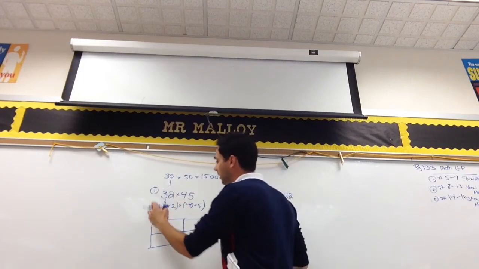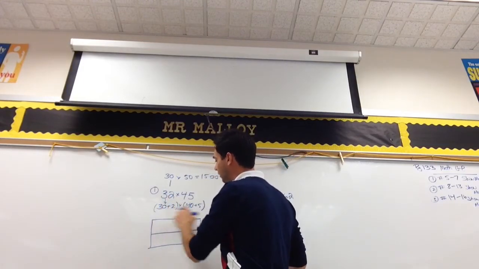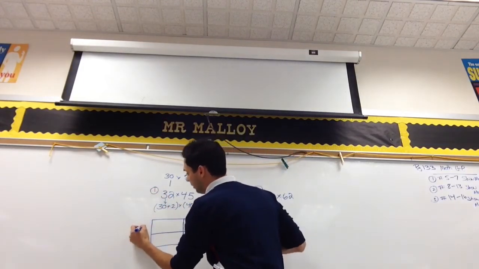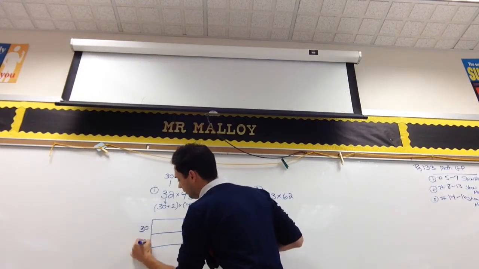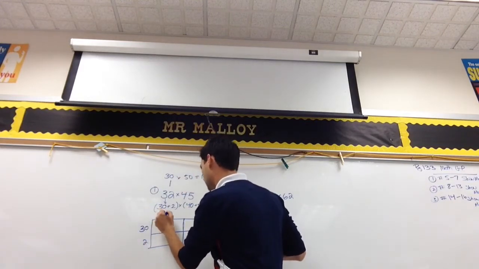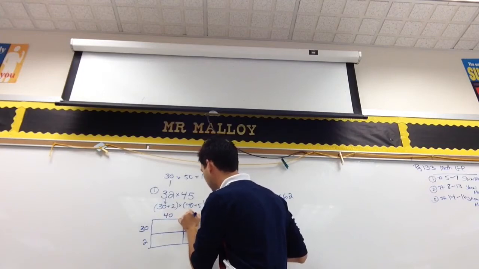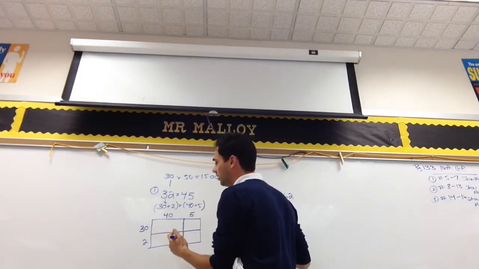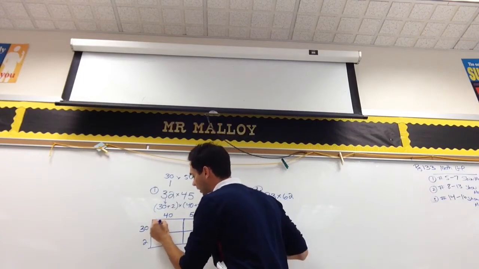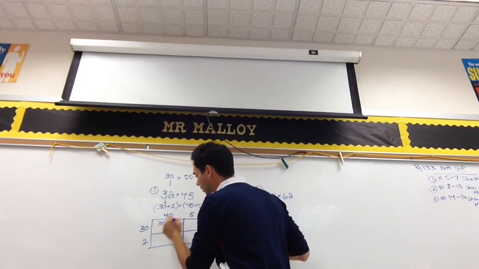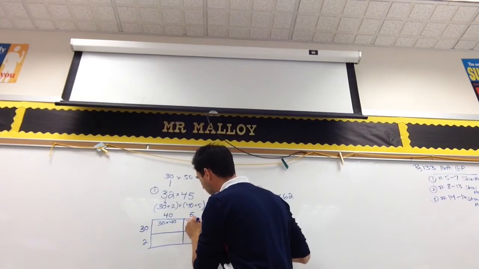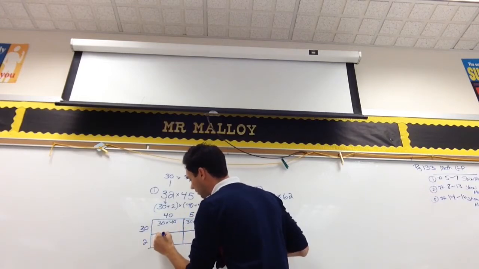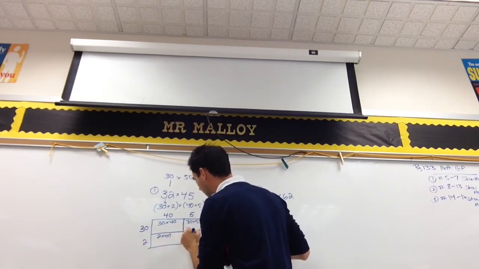I put the 32 on this side and the 45 on this side, so it'll be 30 and 2, 40 and 5, and then I just start filling in the boxes. So this would be 30 times 40, 30 times 5, 2 times 40, 2 times 5.